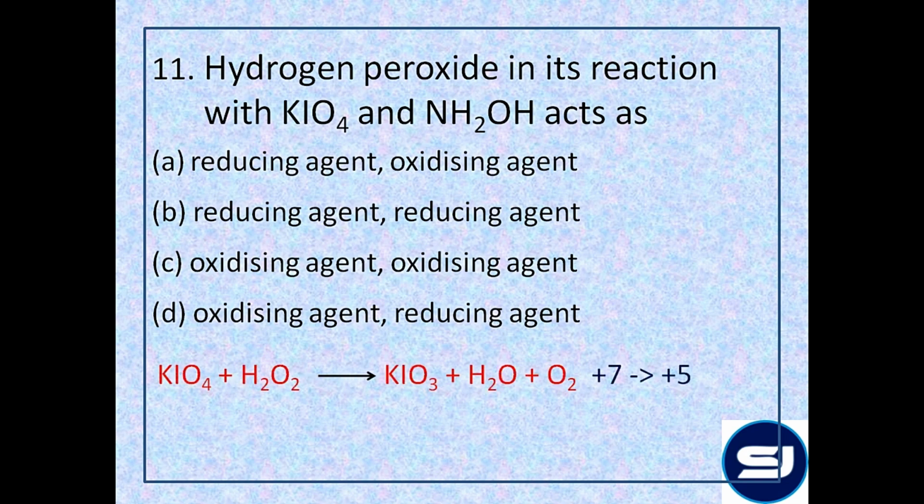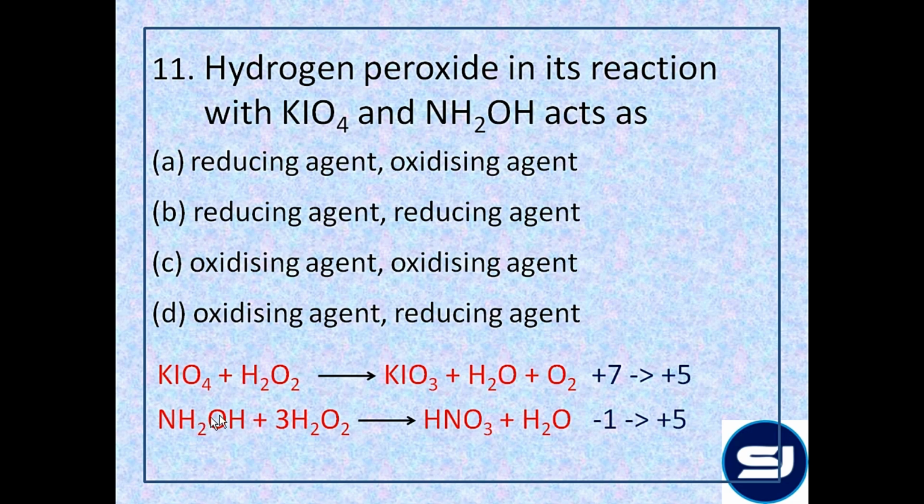Now in potassium periodate, the iodine is in maximum +7 oxidation state. Hence it can't undergo oxidation but will undergo reduction. So peroxide in this case will undergo oxidation and will behave as reducing agent. So in this reaction, KIO4 reduces with hydrogen peroxide to KIO3, potassium iodate, and peroxide oxidizes to H₂O and O2. And the +7 oxidation state of iodine changes to +5 in iodate.